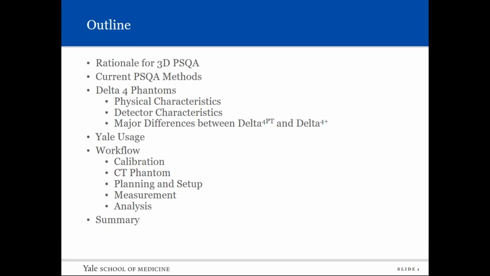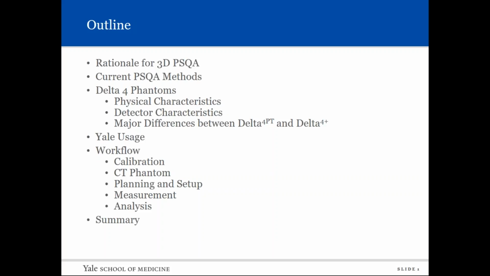As a quick outline, I'll first discuss the rationale of patient-specific QA and why we care about 3D patient QA especially. Then I'll talk about the current methods we do use for QA. That'll introduce us to the Delta4 family of Phantoms.